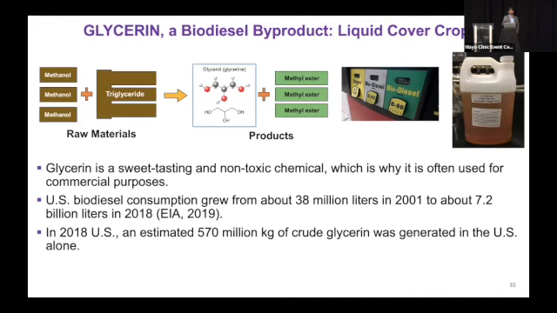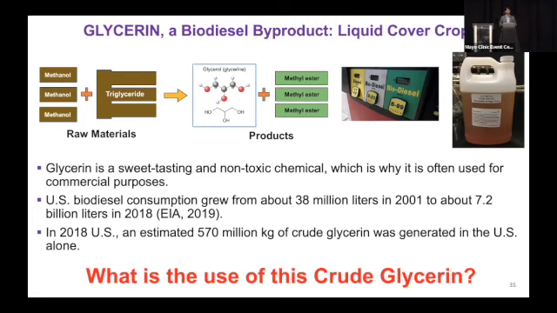Our microbes are always looking for carbon for their energy. Just like us human beings, we eat food because we need the energy. Otherwise, we cannot function. That's our fuel. Same with the microbes, they need the carbon. All right, so what is the use of this crude glycerin?